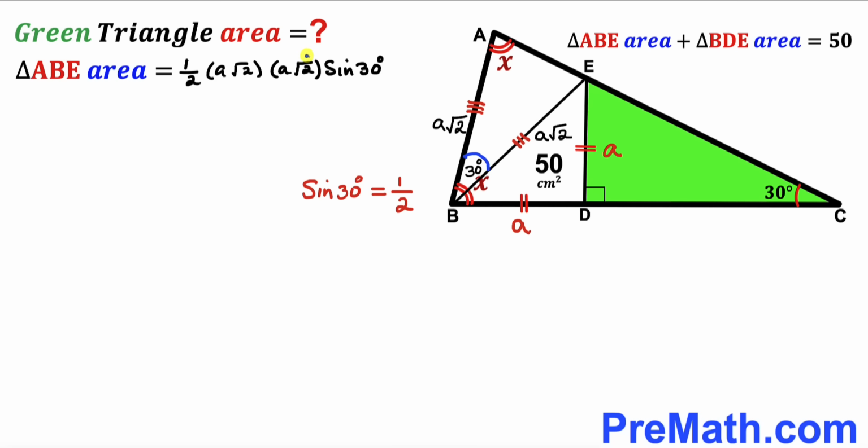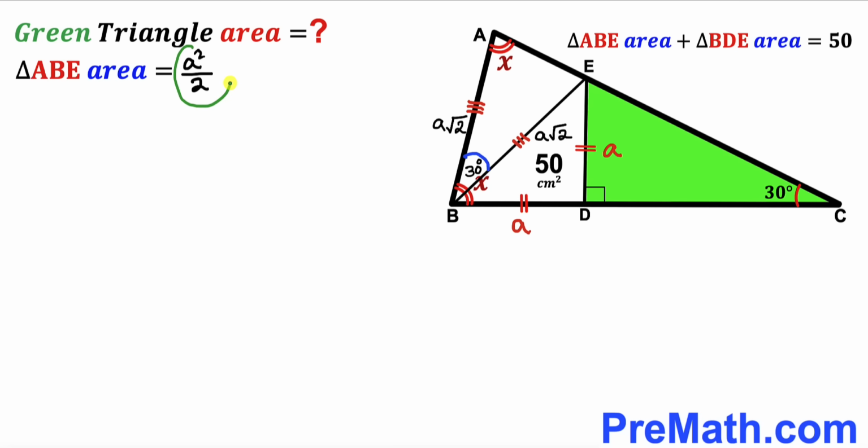And furthermore, square root of 2 times square root 2 is going to give us simply 2. And now we can see this 1 divided by 2 and 2 cancel each other out. So therefore, if we multiply and simplify, we end up with a square divided by 2. So therefore, the area of this triangle ABE turns out to be a square divided by 2.